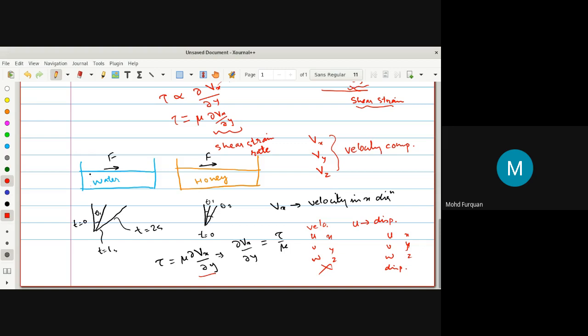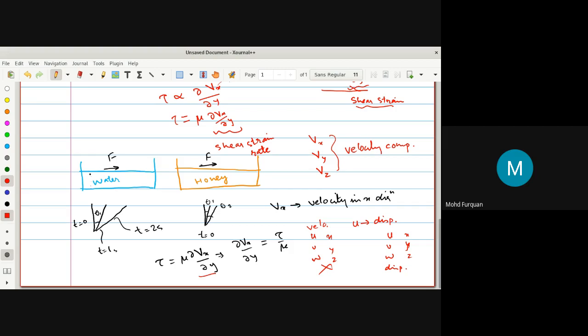So you apply the same stress, and one fluid will deform faster than another. You can have the same theta, but the time required to reach that particular value of theta will be more for honey and less for water. Do you understand that? Yes, sir.